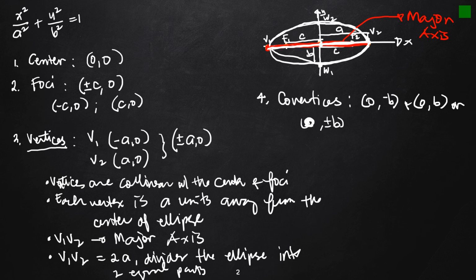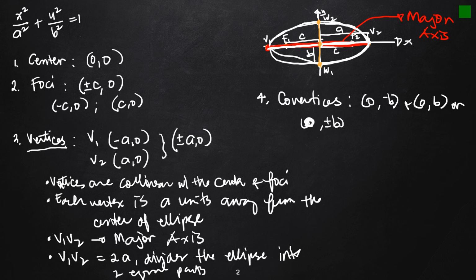If you look at this segment joined by the two co-vertices, from W sub 1 to W sub 2, this segment is collinear with the center. It passes through the center of the ellipse, but it is no longer collinear with the foci.